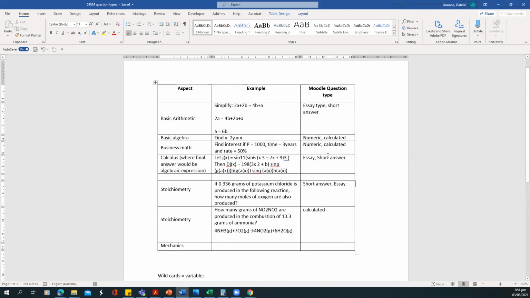If the final answer is in algebraic expression, please do make use of either essay or short answer questions. But if the answer will be numeric, you may make use of either calculated questions or numeric questions.